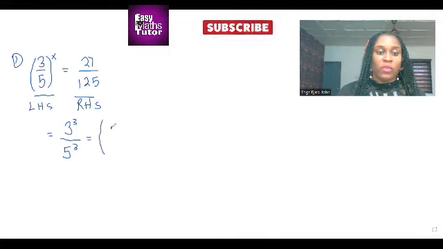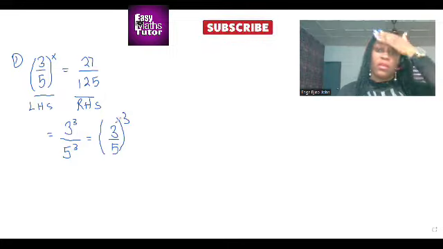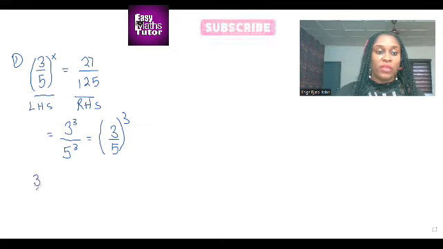Then if we group this, we have 3/5, remembering our laws of indices, the laws of the brackets and all that. So we'll have this. Then finally, if you look at it, it's already similar to the left-hand side. So we have (3/5) raised to power 3.